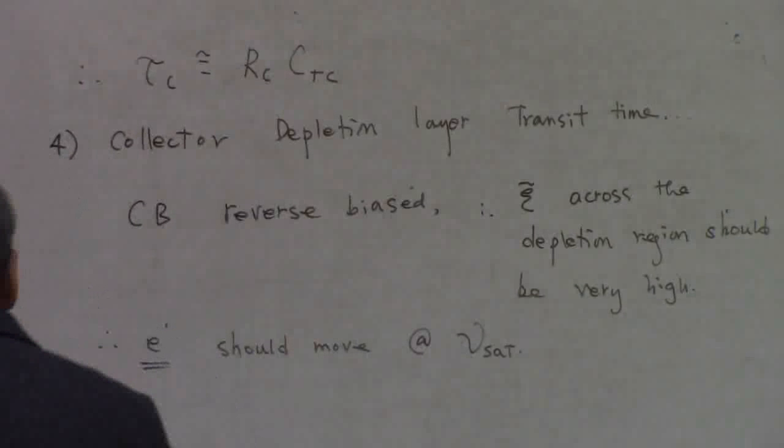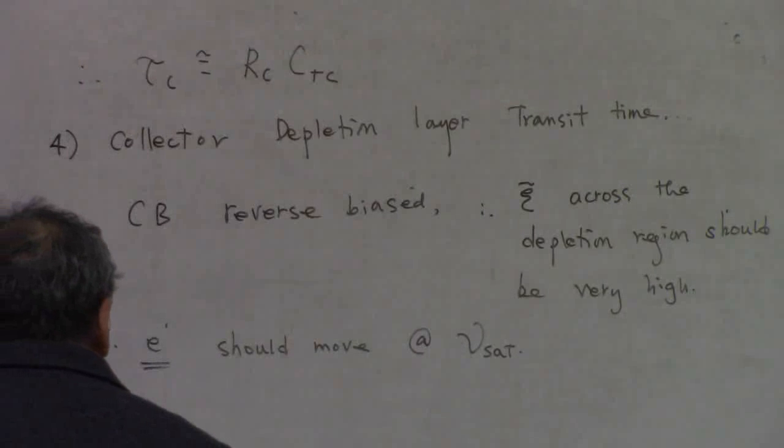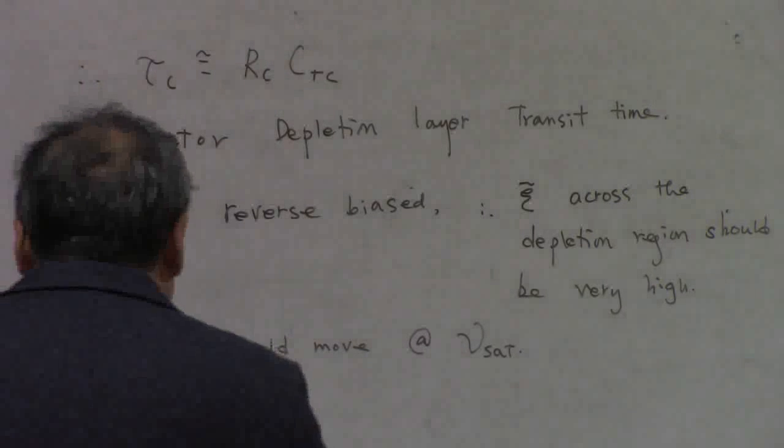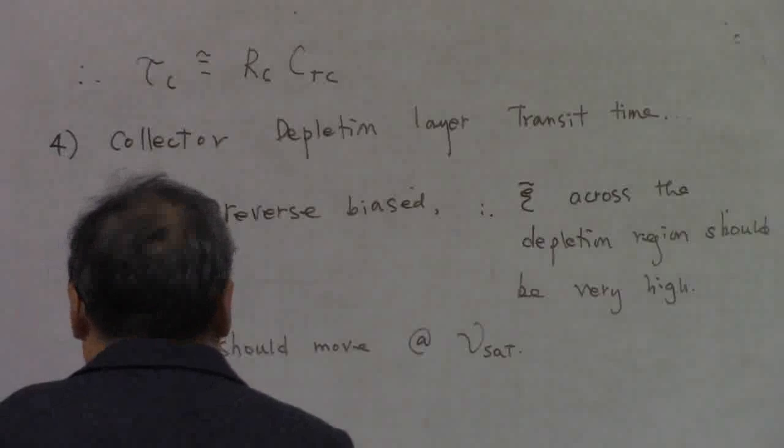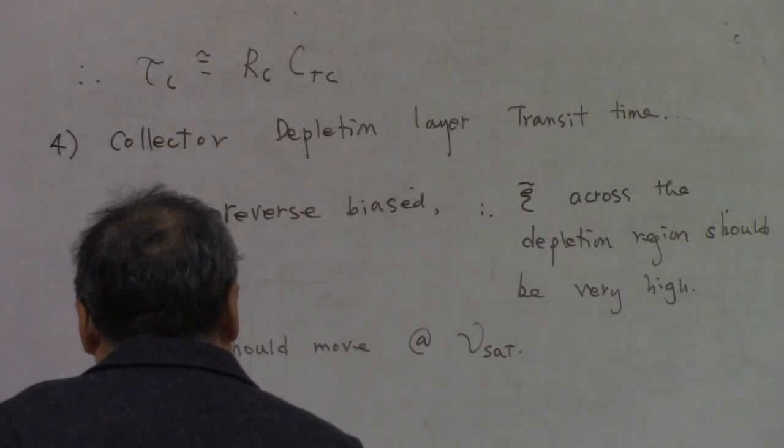So the depletion transit time is going to be X_D over v_sat.